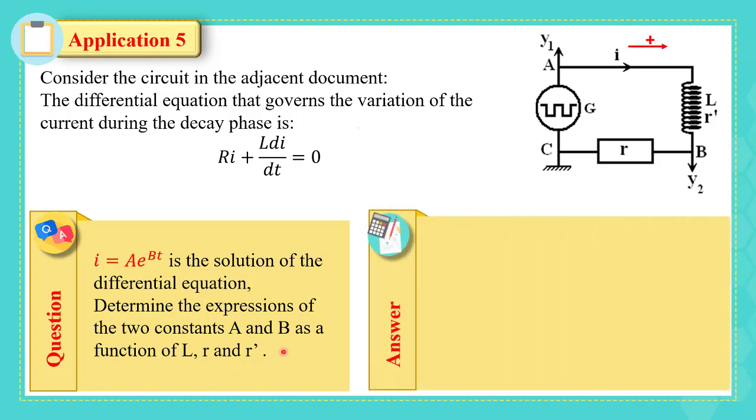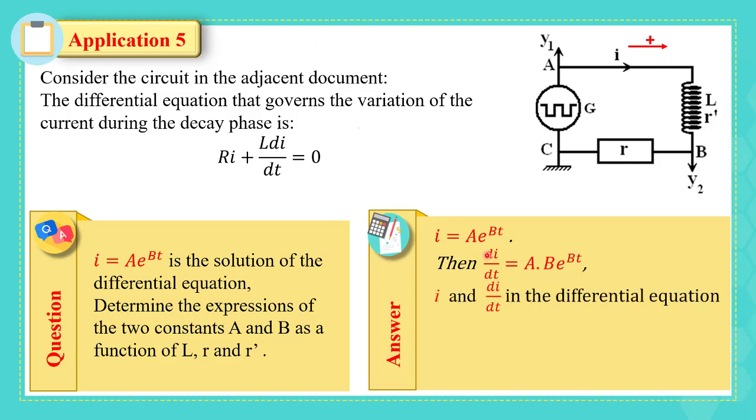So since i equals A e to the power bt, we determine the derivative of i with respect to time. So di/dt equals A times B times e to the power bt. Substitute i and di/dt in the differential equation.